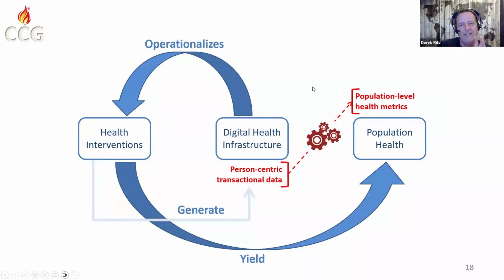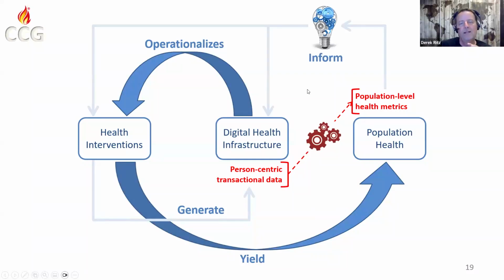So this is starting to show how we set ourselves up with our digital health investments to start to operationalize a learning health system, because these metrics can inform not only how we do a better job in our health interventions, but can start to inform the health interventions themselves.